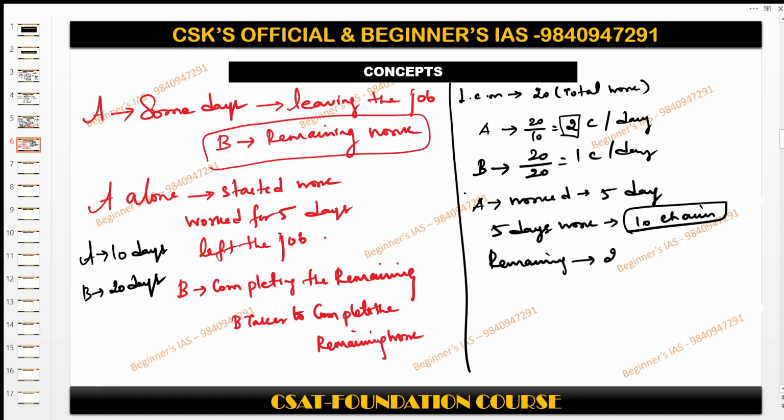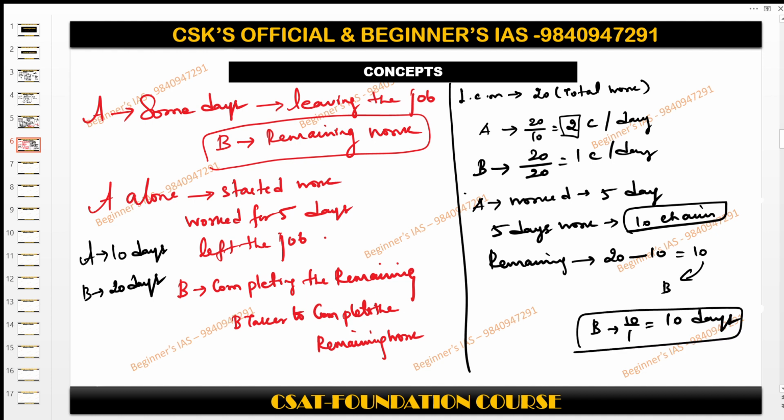Remaining is total work minus the 10 chairs completed by A, which is equal to 10. This has to be done by B. What is the capacity of B? 1. So therefore 10 by 1 is equal to 10 days. Clear? Anybody having a doubt here? Clear. So this is one model.